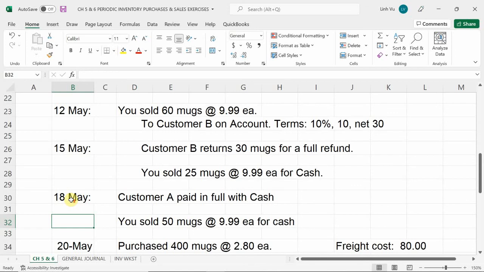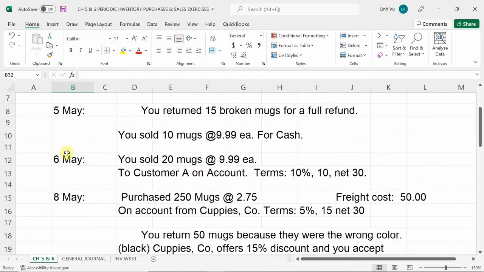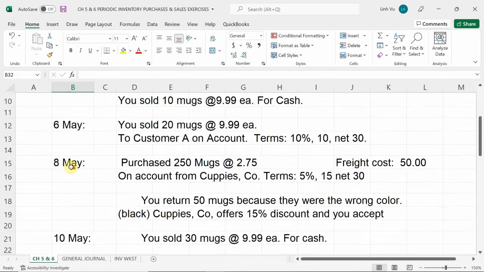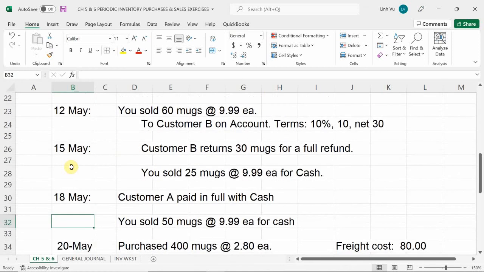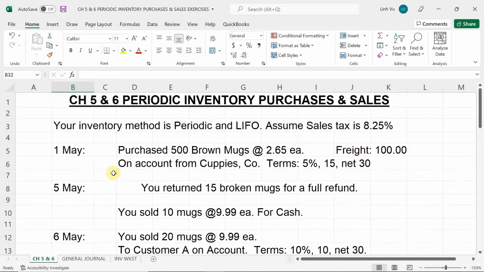Let's try again, right? So if I sold to customer A on May 6th and I offered to give him the discount if he pays within 10 days, now, what is 10 days after the 6th? They missed it by 2 days. So in this case, no discount can be taken off.